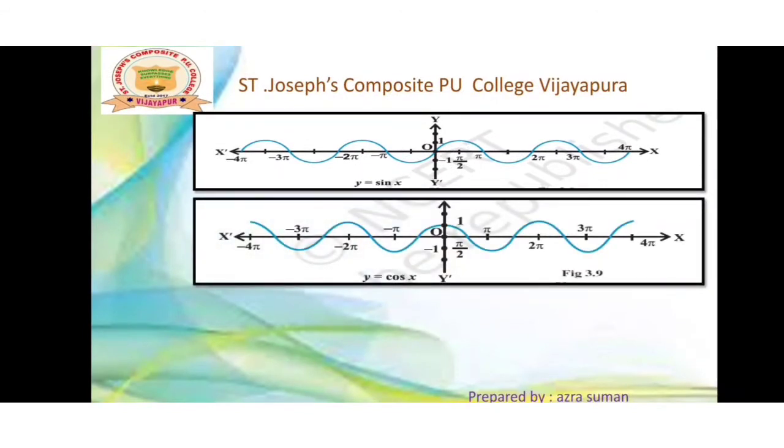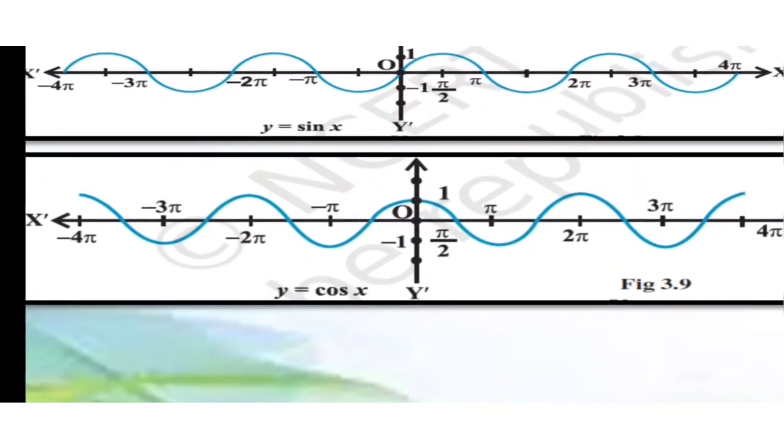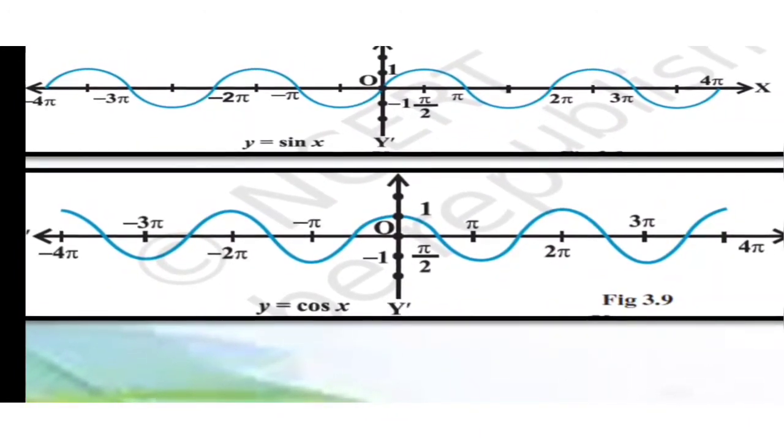Now look at the typical graph of the cos function. Here also it is the same. Already we know the function values at some angles. We know cos 0 is 1, so it comes here.